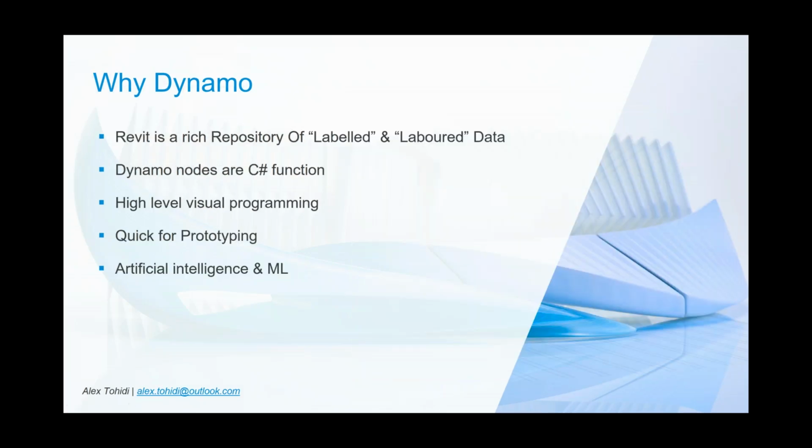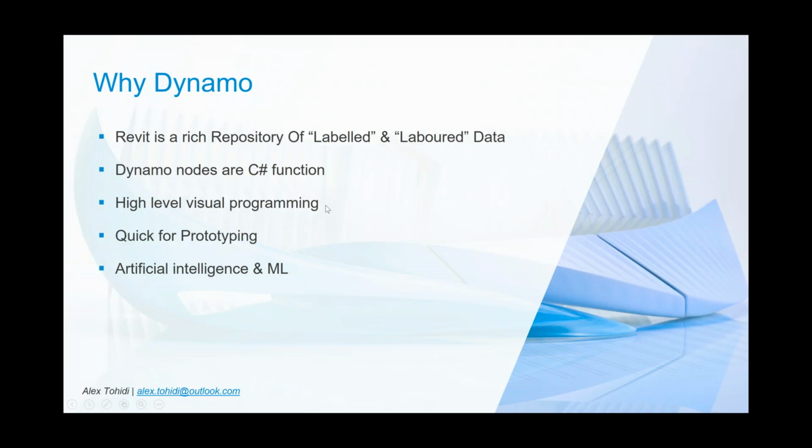More about why you should look into Dynamo: as we know, Revit is a very rich repository for labeled data. A lot of users sit there and put elements manually into the Revit model, and we can extract geometrical data and metadata from those elements within our Revit model. So it's quite powerful in that sense.